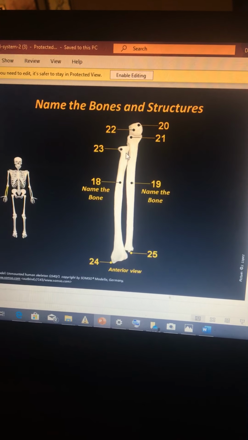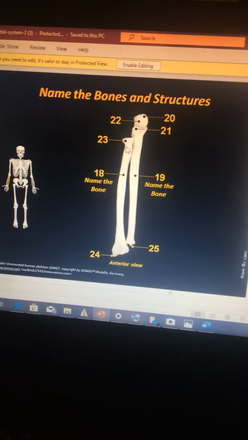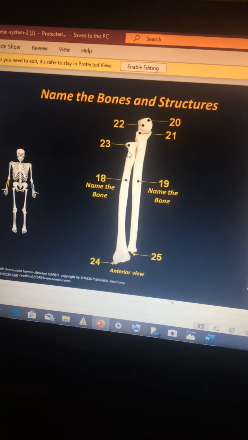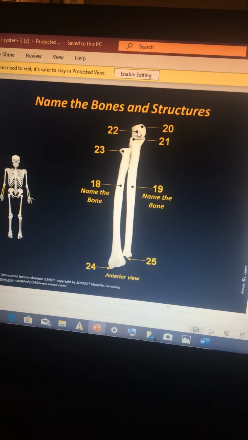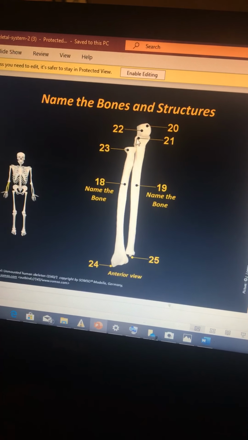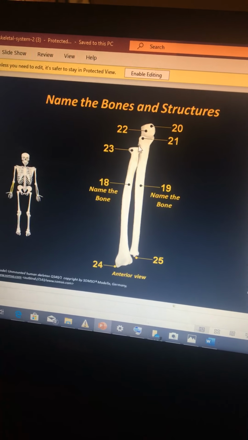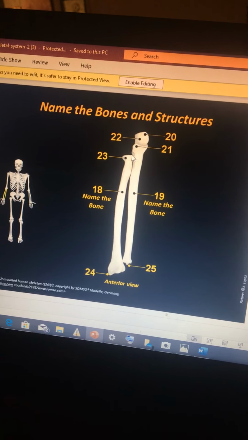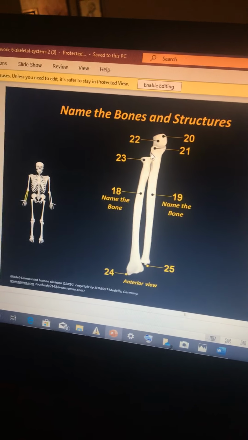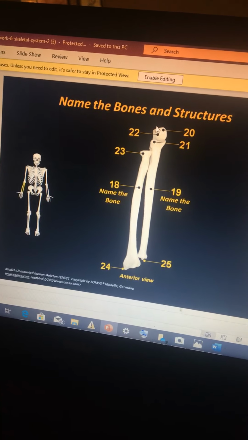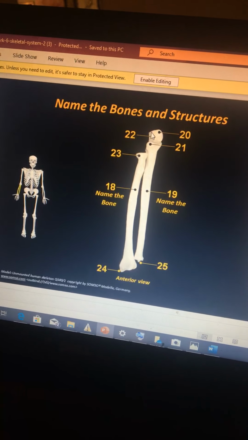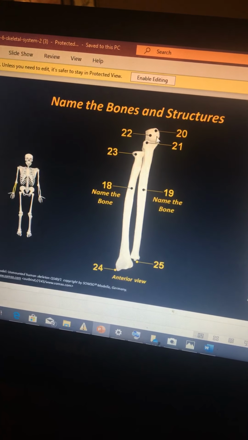Then it also has a neck, the radius neck. Then on this side, right here, is the radial notch of the ulna. Then it has the olecranon, a trochlear notch right here.